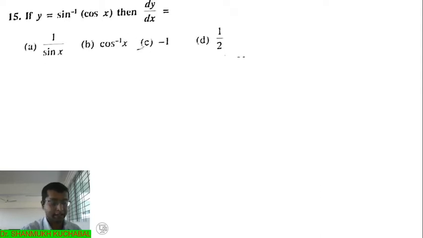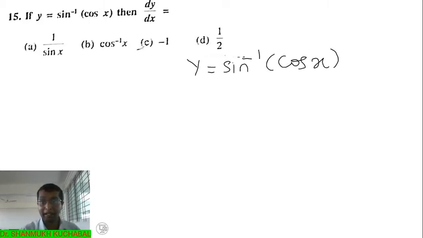So it is given that y equal to sine inverse of cos x. So we make use of an inverse trigonometric function. We have to convert cos in terms of a sine function.